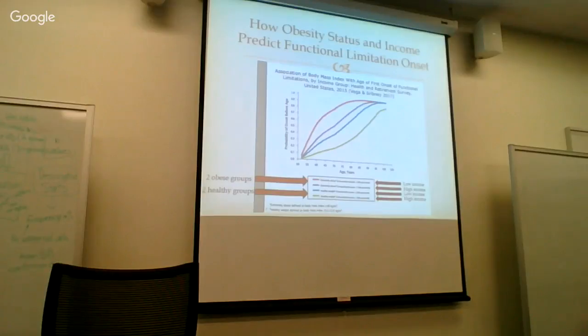I put those arrows there in case you couldn't read this because it's kind of fuzzy. So, 2 obese groups, 2 healthy groups, high income, low income, high income, low income, and they plotted it out to make that lovely picture.